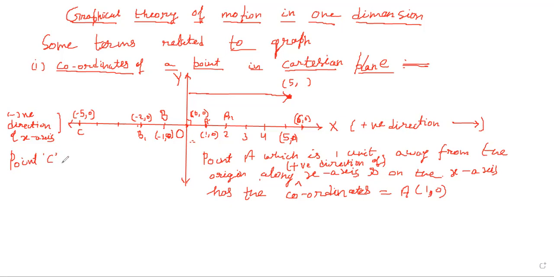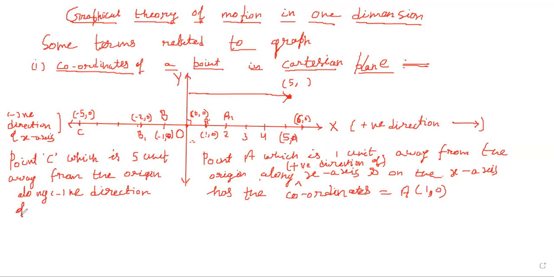Point C, which is 5 units away from the origin along negative direction (negative direction is very important) of x-axis and on the x-axis is (-5, 0).